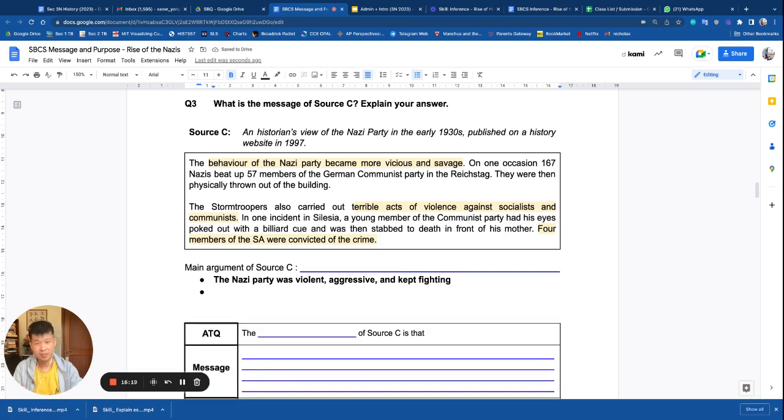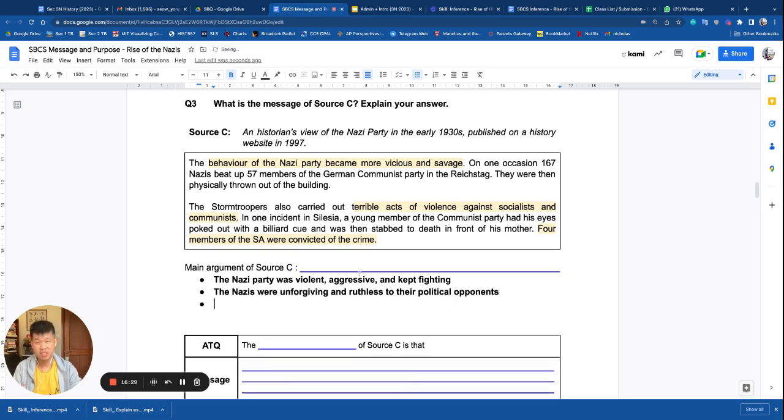This one, right? The Nazis were unforgiving and ruthless to their political opponents, and Nazi stormtroopers' actions were illegal and punished. So these are three ideas that emerge from these three yellow highlights.